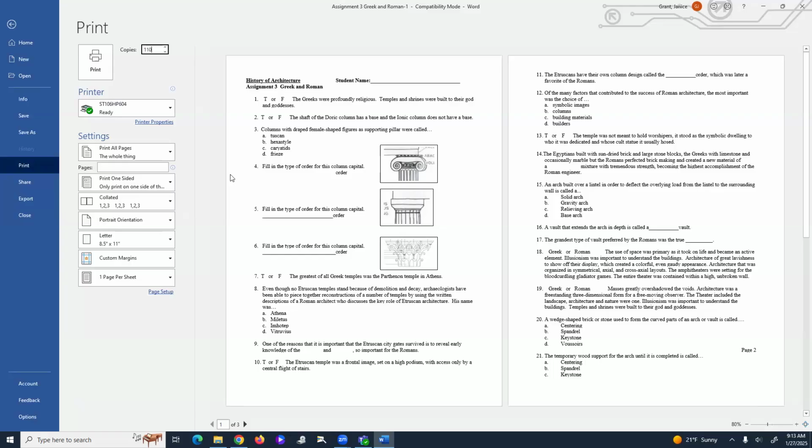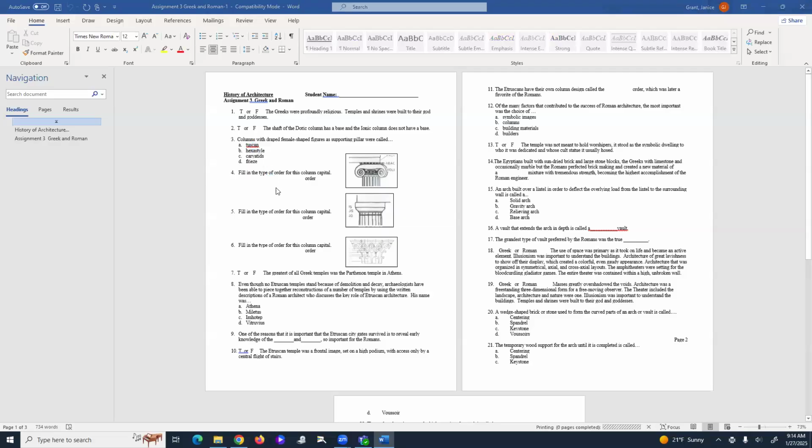I'll just print 10. Oh, not 110. That many. 11 if you want one for yourself. Okay. Is there another person I missed?